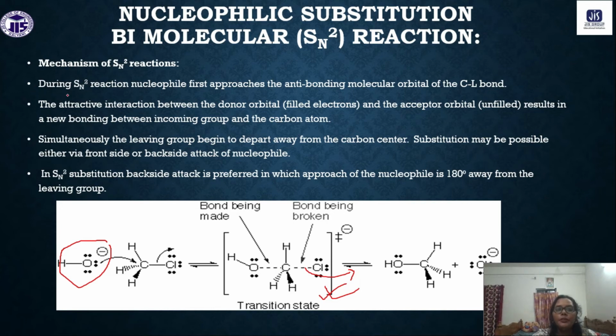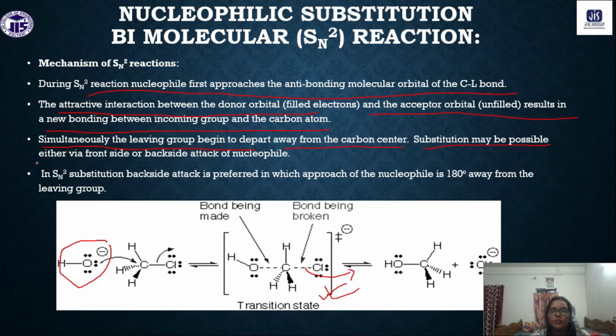During the SN2 reaction, the nucleophile first approaches the antibonding molecular orbital of the C-Cl bond. Then the attractive interaction between the donor orbitals and the acceptor orbitals results in a new bond between the incoming group and the carbon atom. Simultaneously, the leaving group begins to depart from the carbon center.